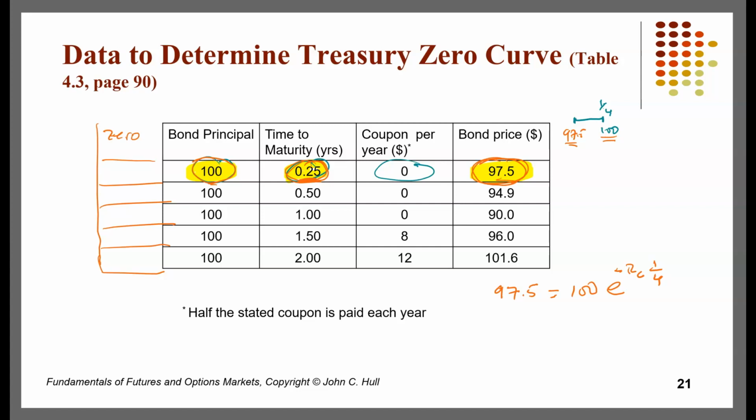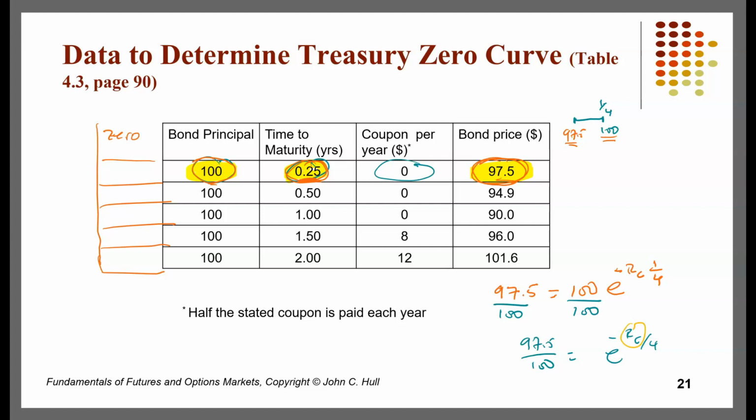The way we're going to solve for the continuously compounded rate is by dividing both sides by 100. So that's going to be 97.5 divided by 100 equal to the exponential of minus the continuously compounded rate multiplied by 1/4. And then to find the continuously compounded rate, we're going to take the log of both sides, right?